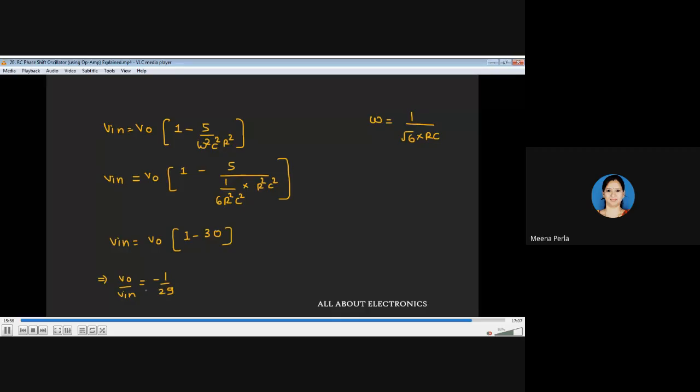So we can say that it is equal to minus 1 by 29. In this way, we can say that this RC network is going to have an attenuation of 1 by 29, and the negative sign indicates this RC network provides a 180-degree phase shift.